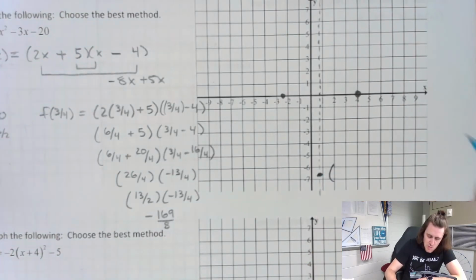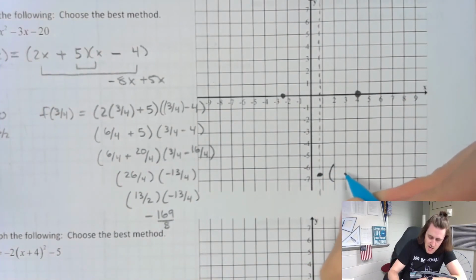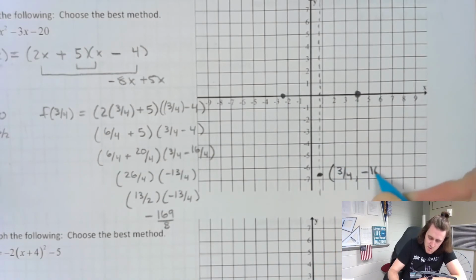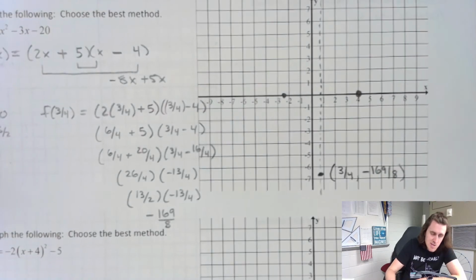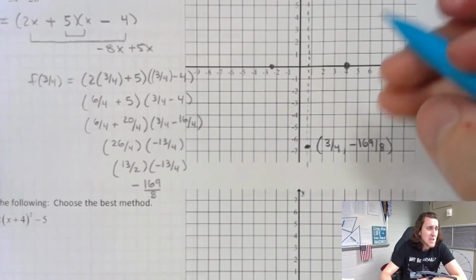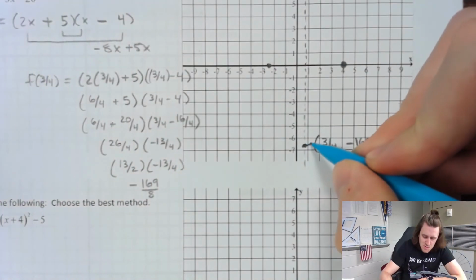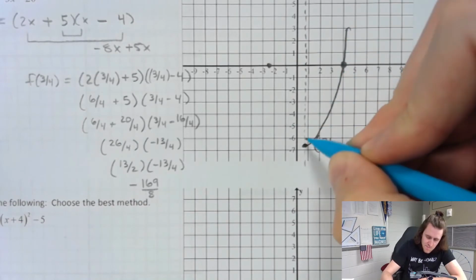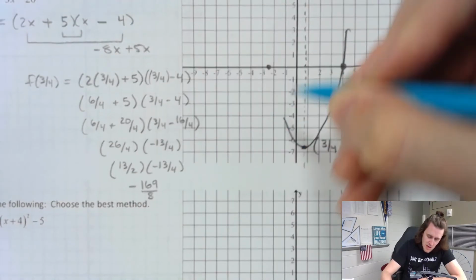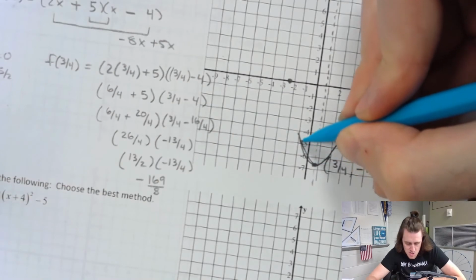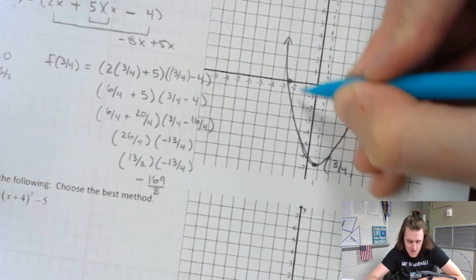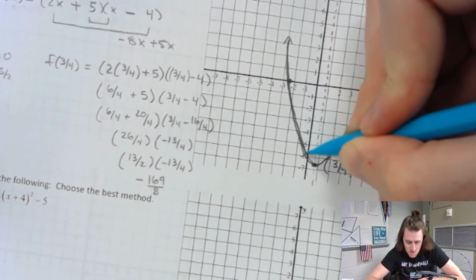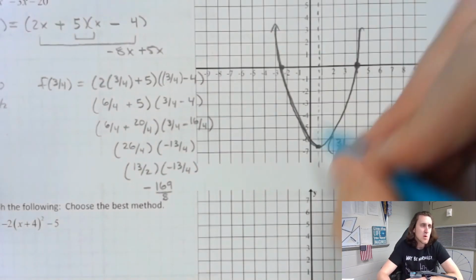I know that point is my vertex, and its x value is at 3/4, and we found its y value to be negative 169 over 8. We really only need 3 points to make a graph, so draw your graph in. It's not perfectly to scale or anything like that, but it's labeled. Okay. Looks like a parabola.